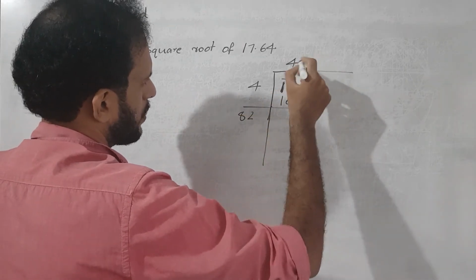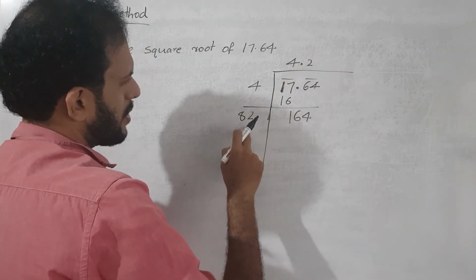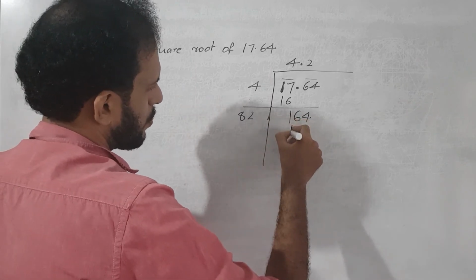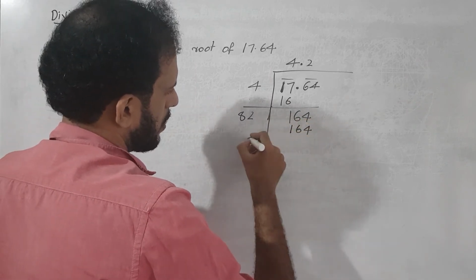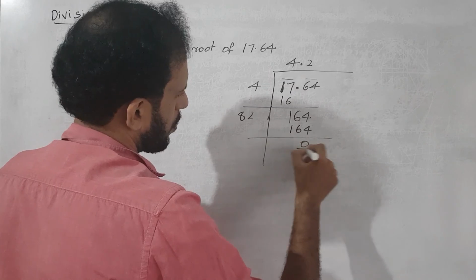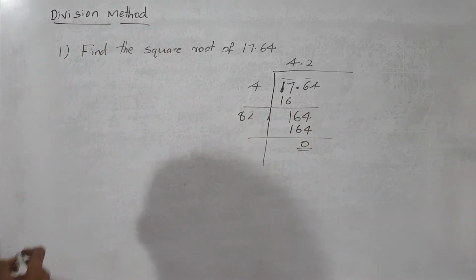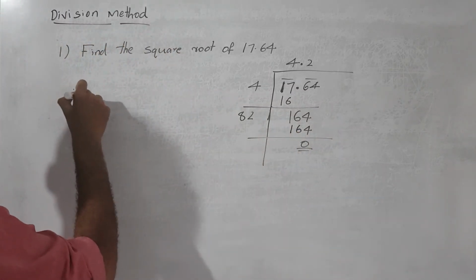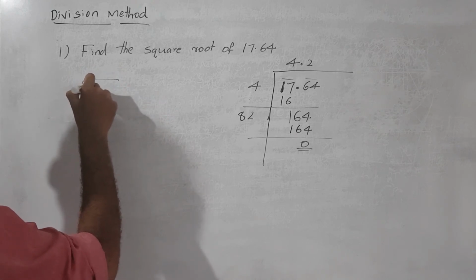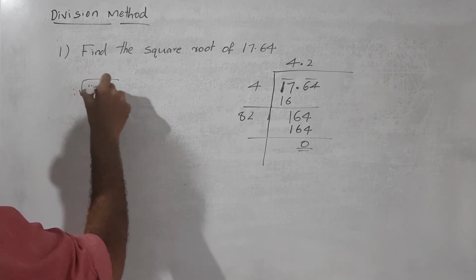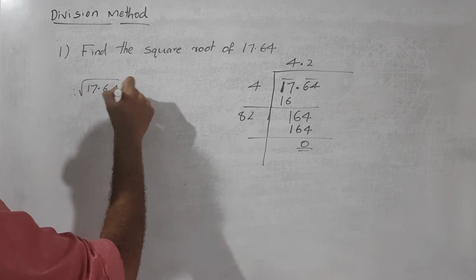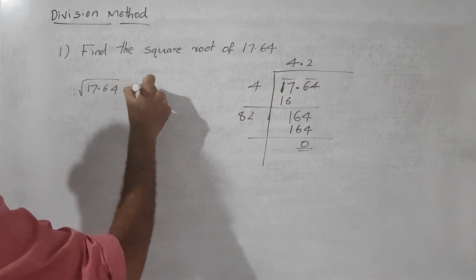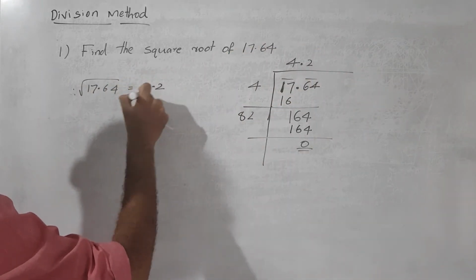Then here also 2. Then 2 into 82. What is 2 into 82? It is very clear, it is 164. So the remainder is 0. Correct? So we write, therefore the square root of 17.64 is equal to, yes, the quotient is 4.2.